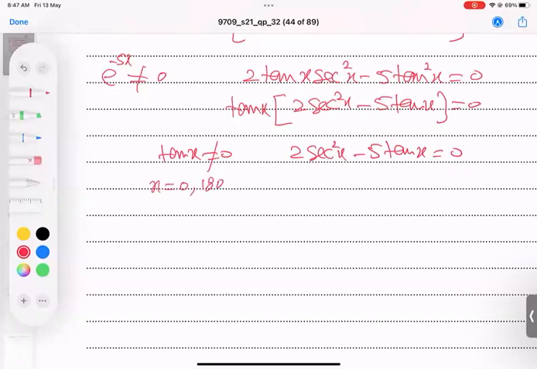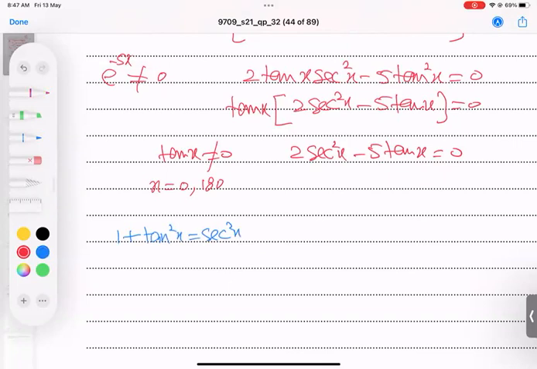So let's try to solve the other one. How to solve this one? We know we have the secant square formula. What is the formula? 1 plus tan square equals secant square. This formula is available in your formula sheet even.